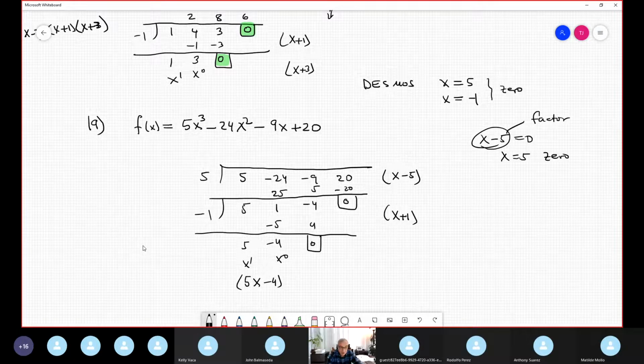And the factorization, without factorization, using only synthetic division of this polynomial is x minus 5, x plus 1, and 5x minus 4. Fantastic. I like that. Any question? That was 19.